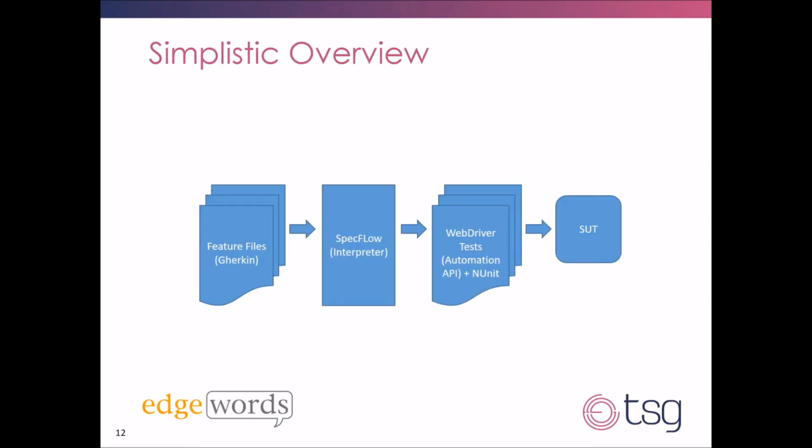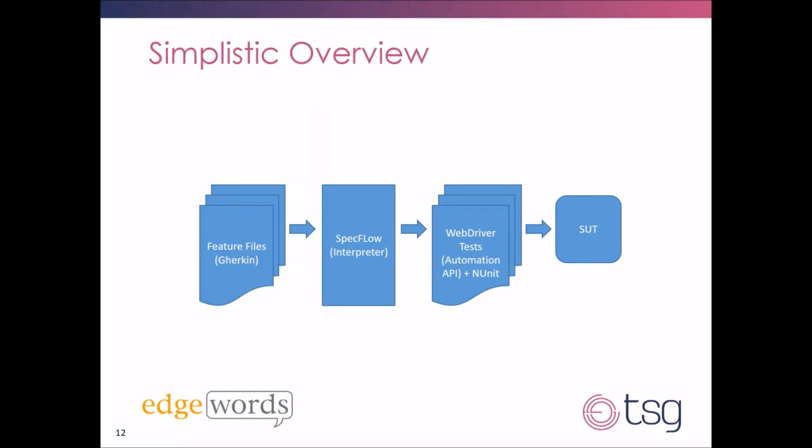So, a quick simplistic overview of how this works. As I say, I don't want to go through all these slides again because you can watch the video back about the quick overview of BDD. But essentially what's happening is we write feature files, and these are just text files. So you can use any text editor, or you can do it directly in Visual Studio like I'm going to do.